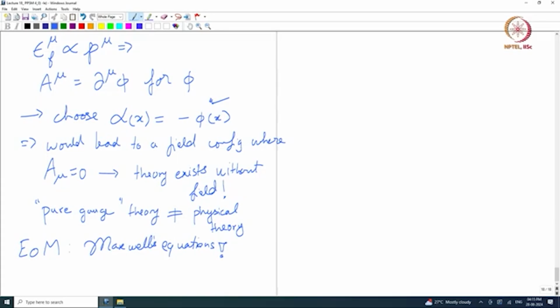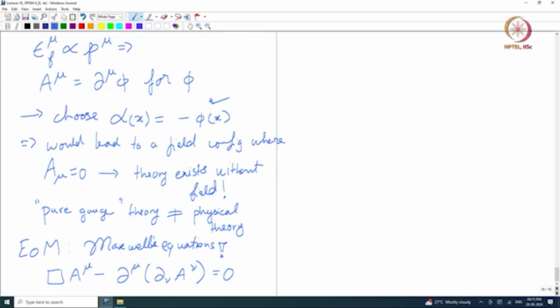Let that be the case, we can still write down the equation of motion in terms of the fields that we wrote down. So I am going to write the equation of motion, which looks like this.